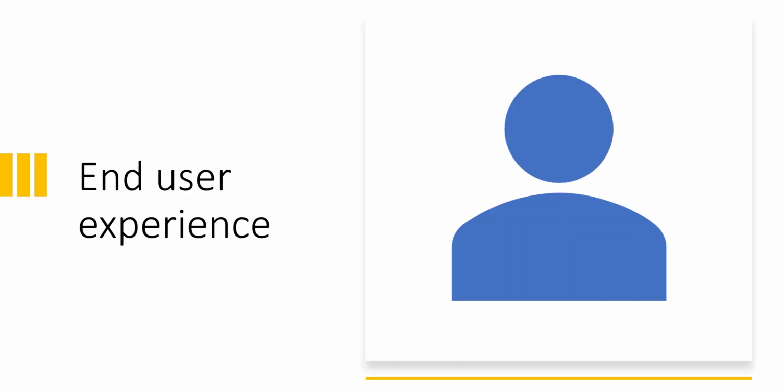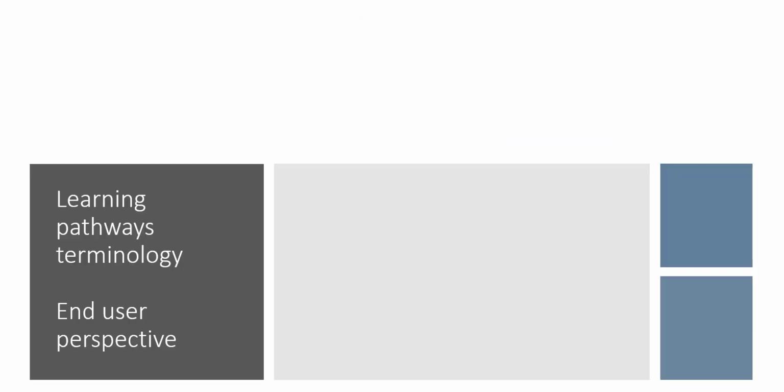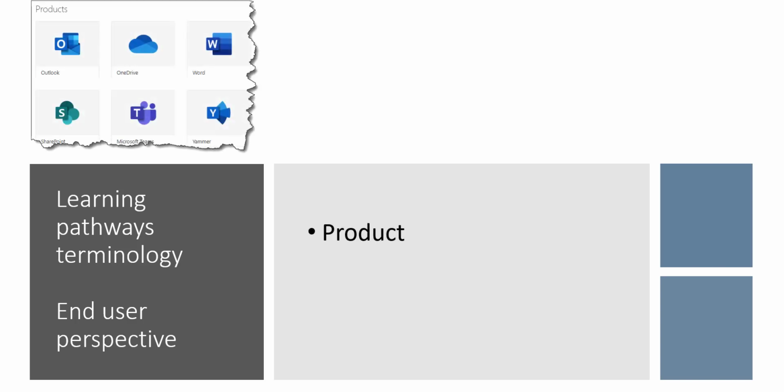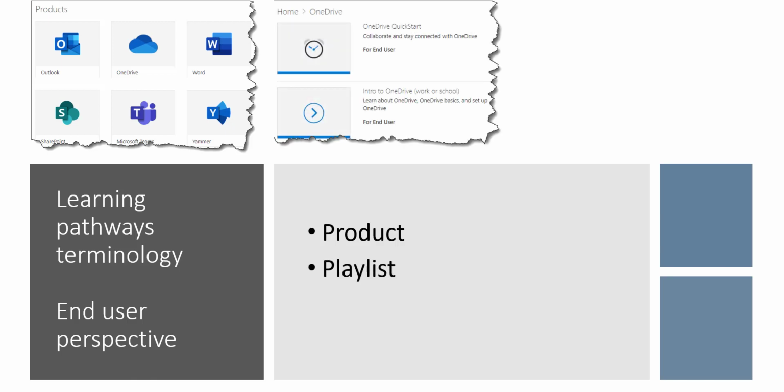End user experience, exactly what the end users see. So let's talk about some learning pathways terminology specifically from the end user perspective. They will see each of these tiles for each product: Teams, SharePoint, Word, Excel, PowerPoint, etc. They click on one of them, they'll get to see all the different playlists that exist.